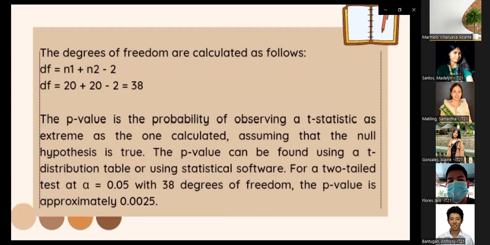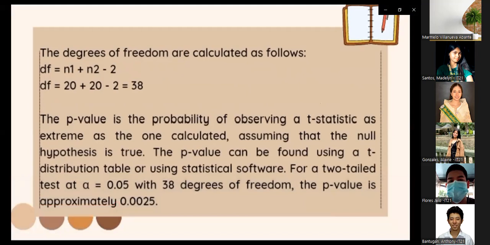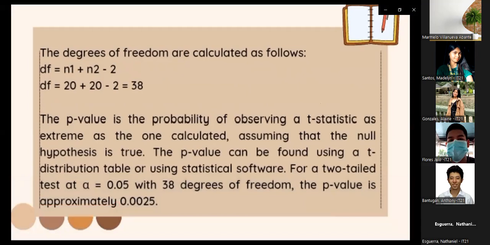The p-value is the probability of observing a t-statistic as extreme as the one calculated, assuming that the null hypothesis is true. The p-value can be found using a t-distribution table or statistical software. For a two-tailed test at alpha equals 0.05 with 38 degrees of freedom, the p-value is approximately 0.0025.